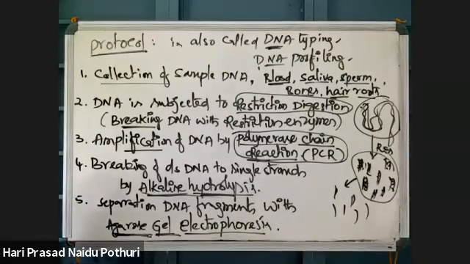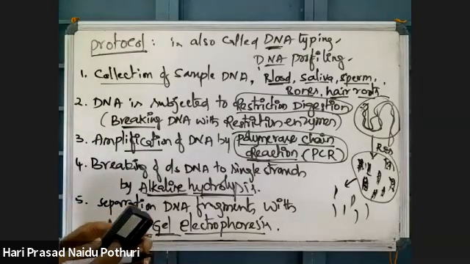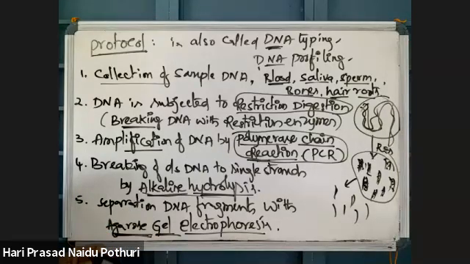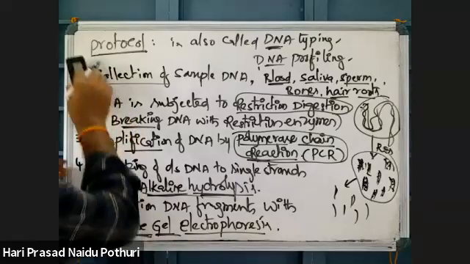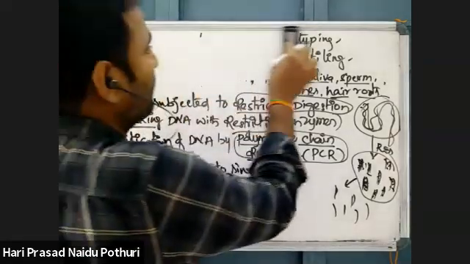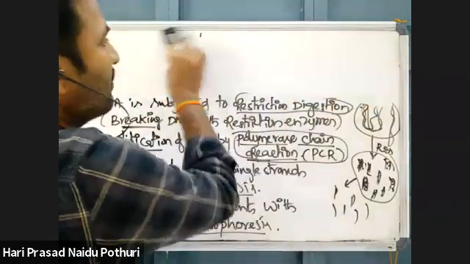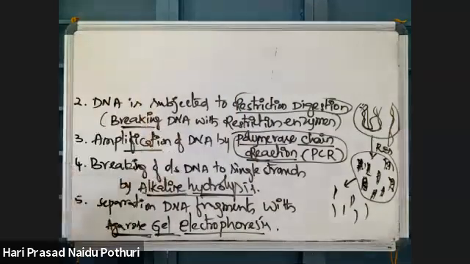Nitrocellulose or nylon membrane is used in the blotting technique. Here, agarose gel electrophoresis is carried out. What happens if DNA fragments are separated on agarose gel electrophoresis?